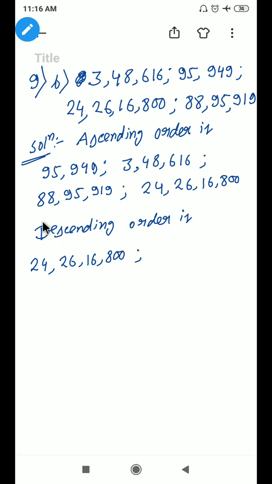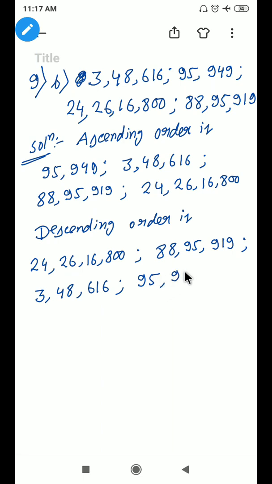So the next bigger number is 88 lakh 95,919. Then 3 lakh 48,616. Then the last one is 95,949.